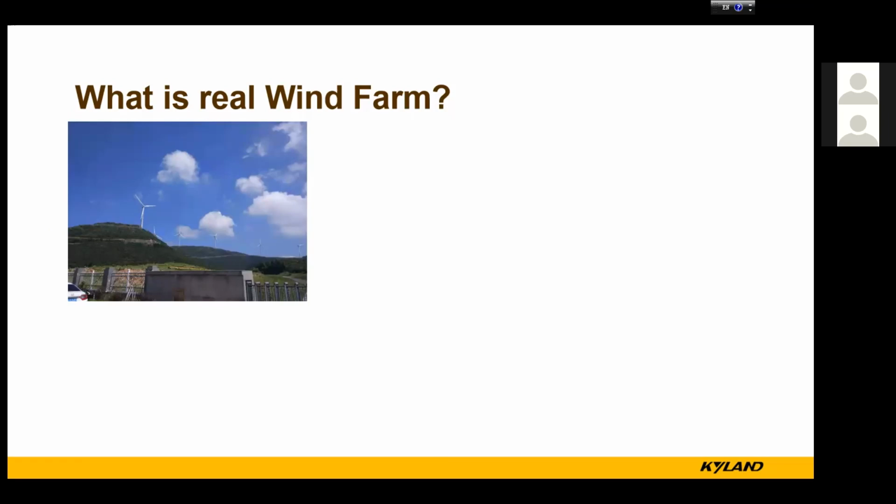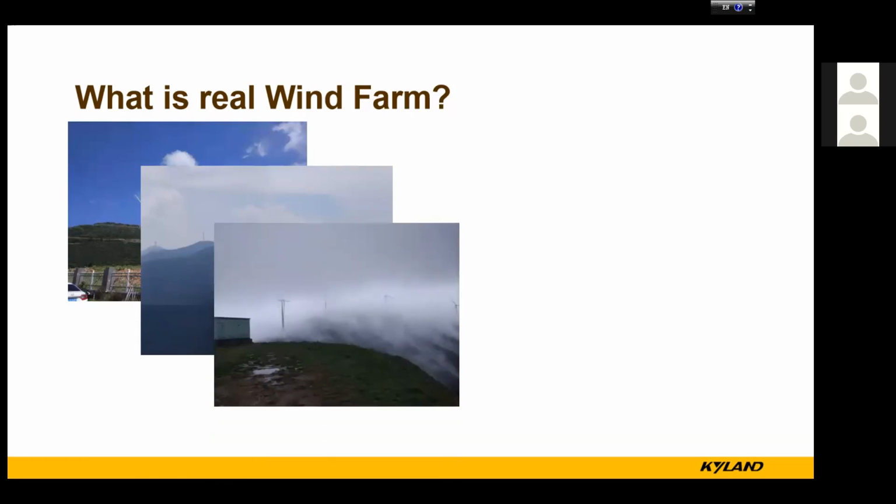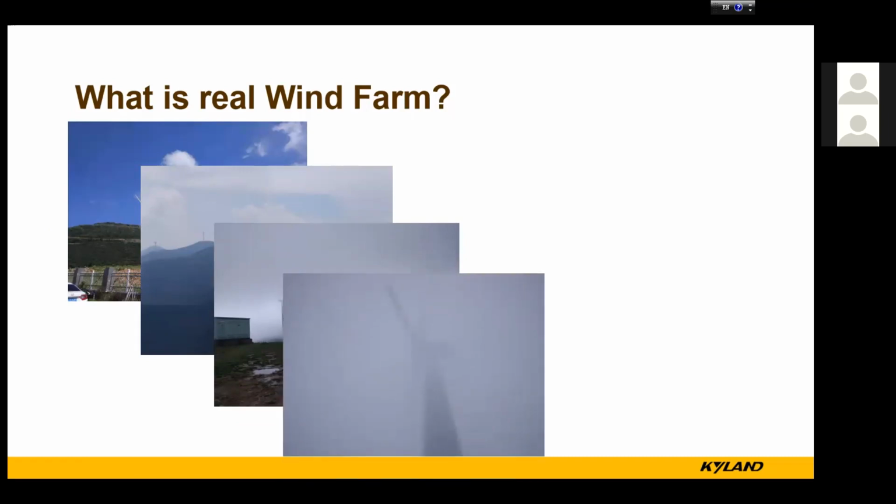The weather is very nice, and the turbines are installed at the top of the mountain. But sometimes the weather is not very good, and it is wet and it always rains. You can see there is also some fog here.